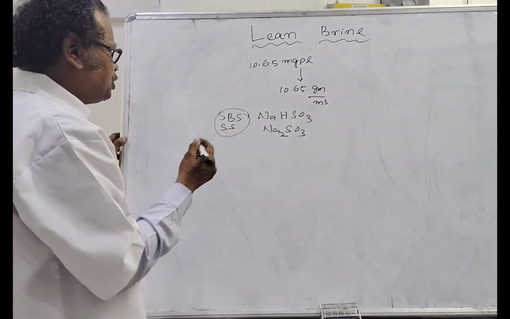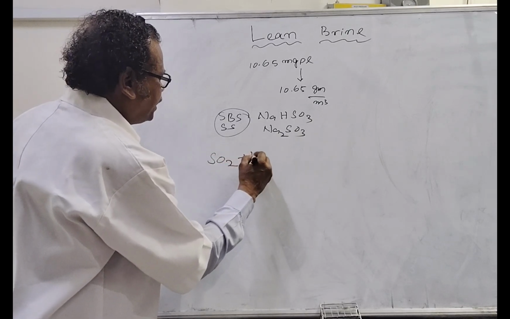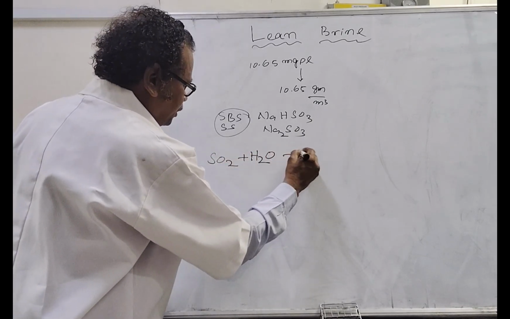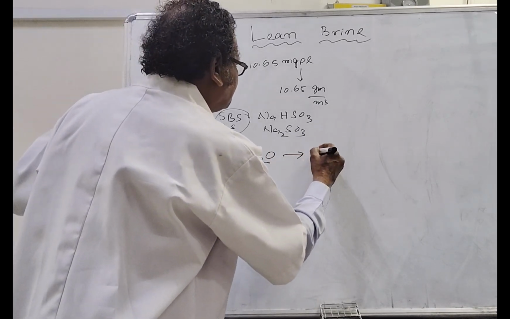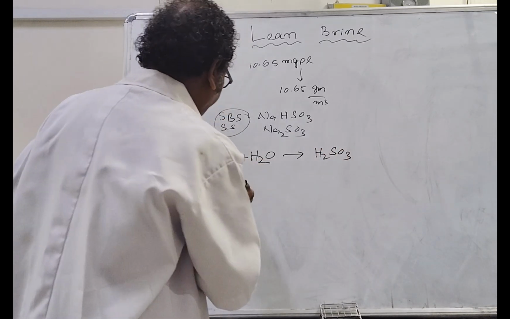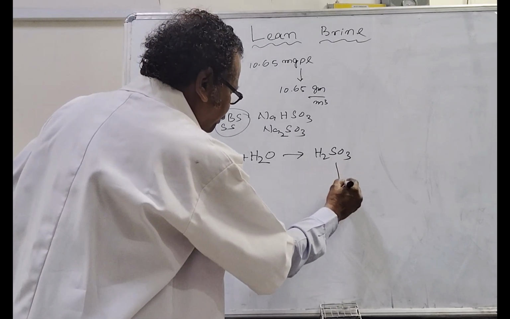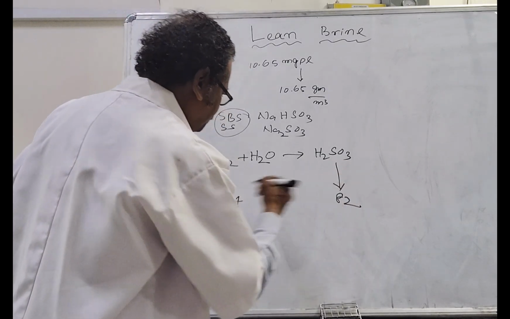So SO2 plus water gives sulfurous acid, H2SO3. The molecular weight of SO2 is 64, and the molecular weight of H2SO3 is 82.